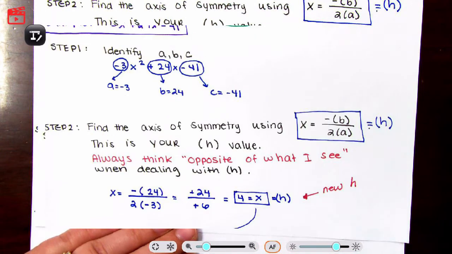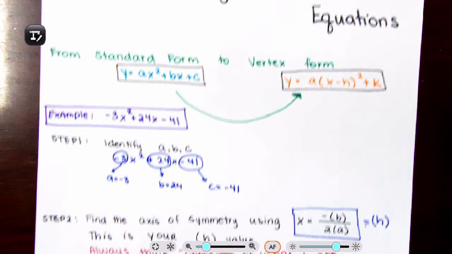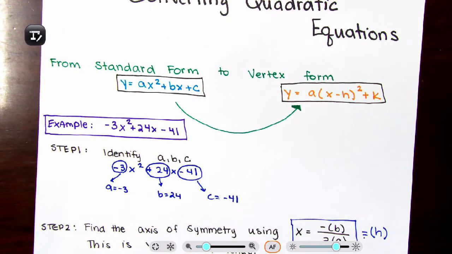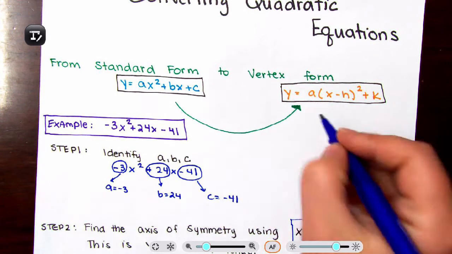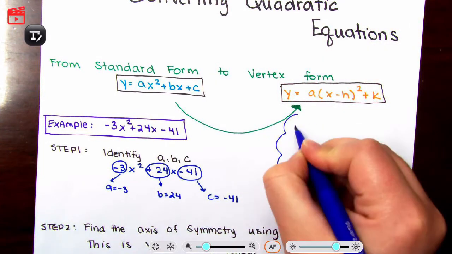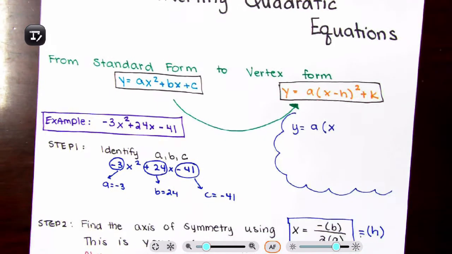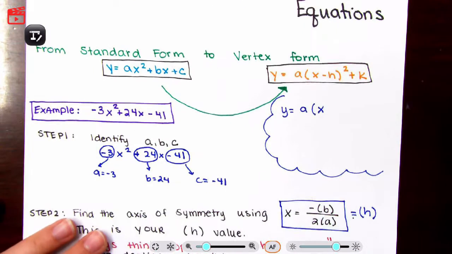So now that we have our new h and our new k, how do we write this in vertex form? For vertex form, you're going to write y equals a times x. Now we want your h value to be opposite of what we see.